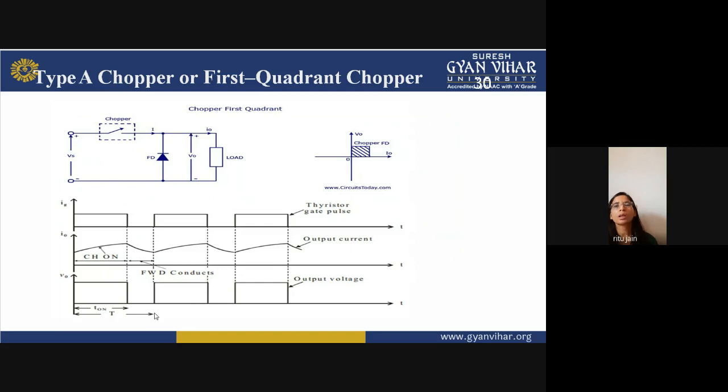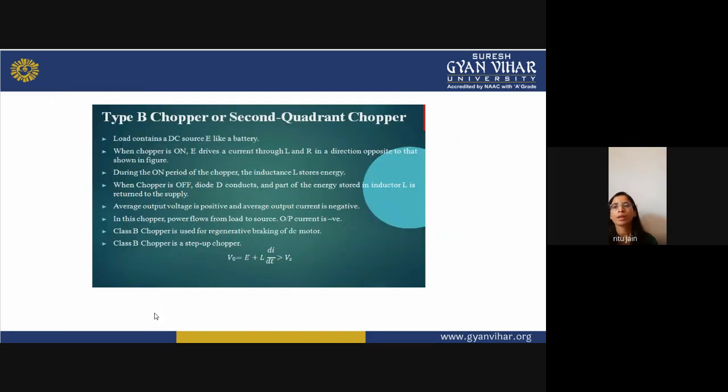So the class A chopper is a first quadrant chopper, in which voltage and current are both in the positive direction. Now let's come to the next one, the class B chopper, or second quadrant chopper. Before going to the waveform, first we will discuss the theory of this chopper.